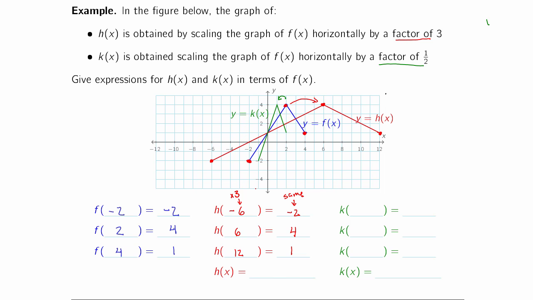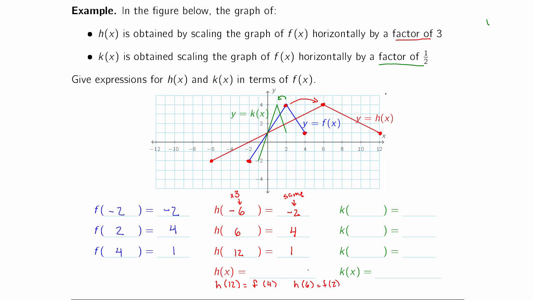What does that mean for the expression for h? When we wanted to take h of 12, we took f of 4. When we wanted to take h of 6, we took f of 2. In order to get the input of f, we needed to take not 3 times the input of h, but 1/3 of the input of h.